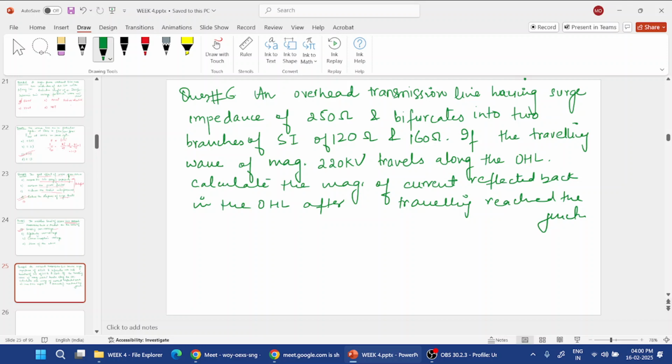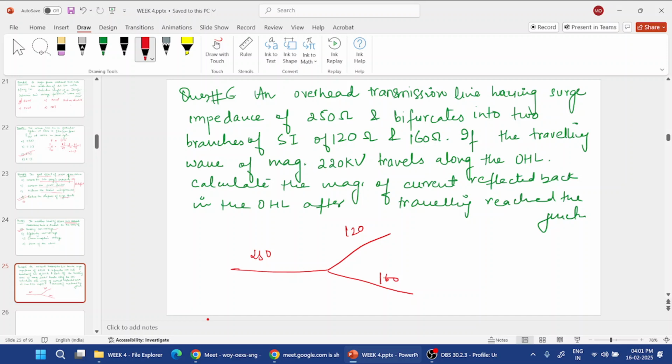So basically, what we have to do here is: one overhead line having the surge impedance of 250 bifurcates into two lines, and these two lines have the surge impedance of 160 and 120.